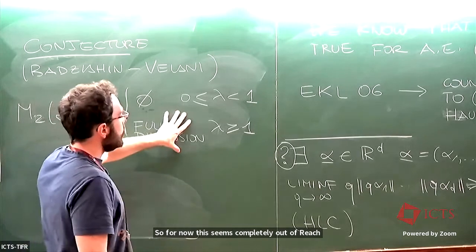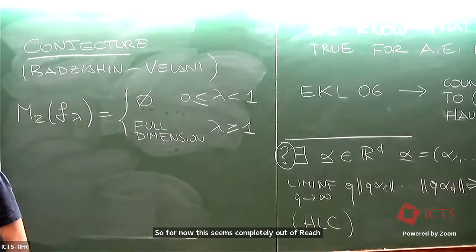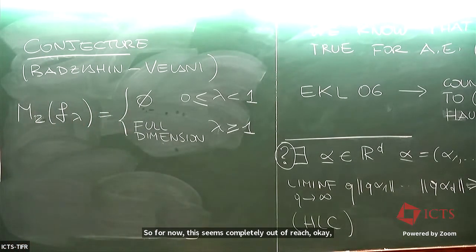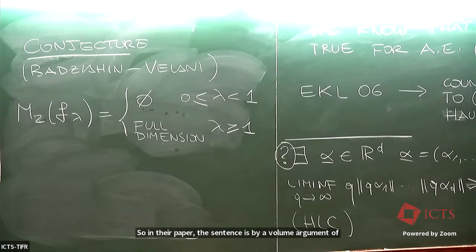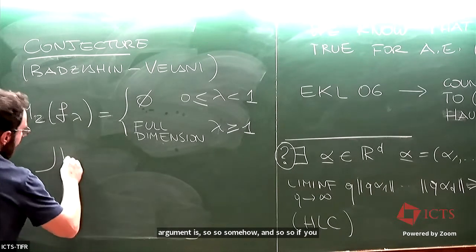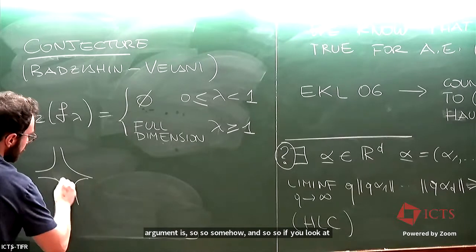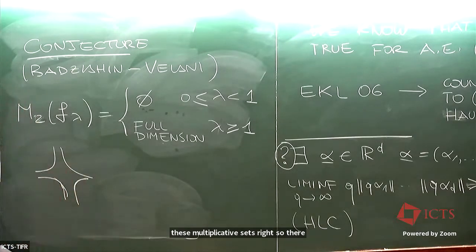Okay, but in their favor, there is a volume argument of Peck, but I'm not sure exactly what this volume argument is. So somehow, if you look at these multiplicative sets, their volume is something like log q.